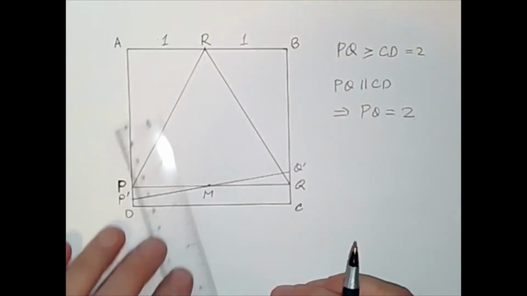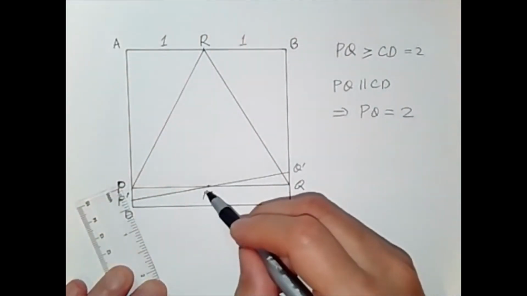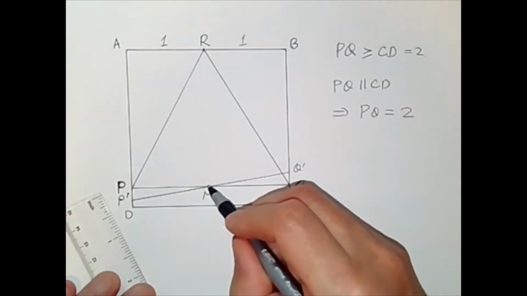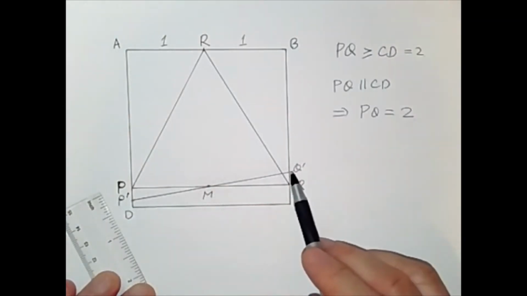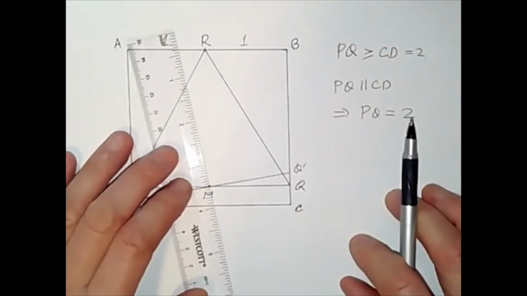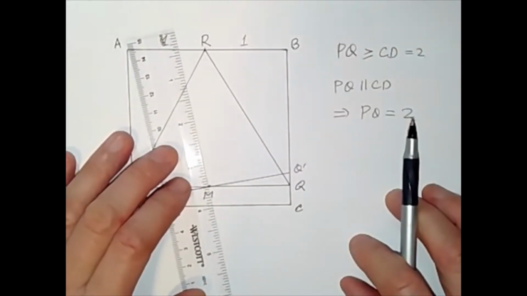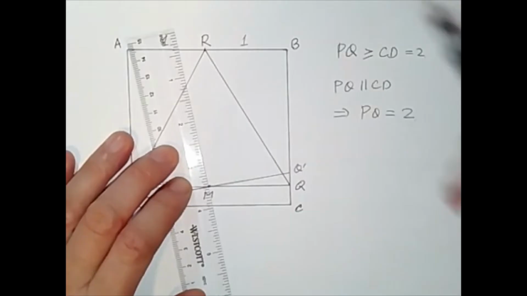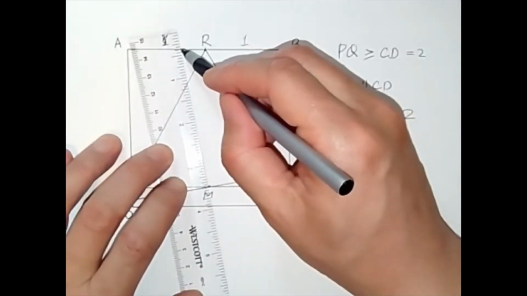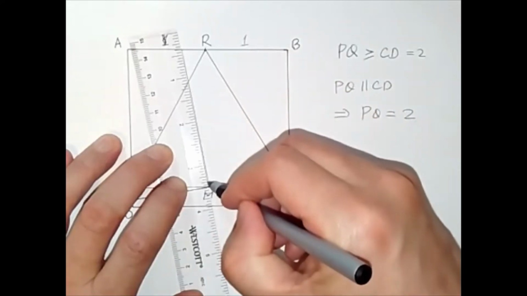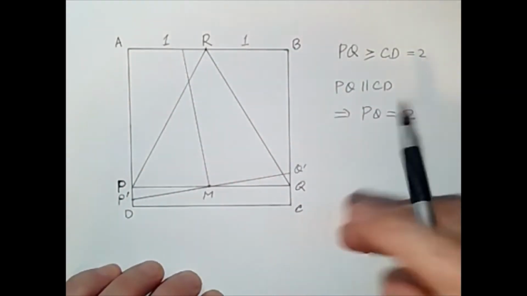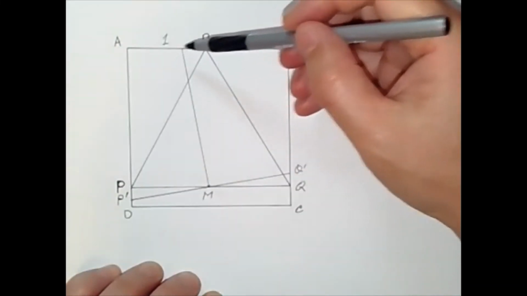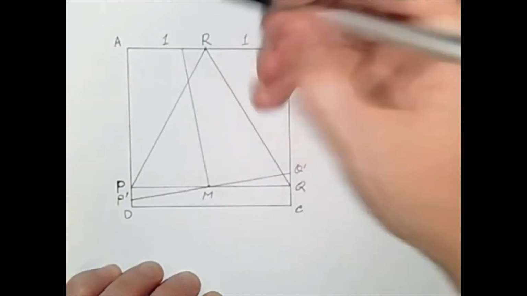And then from M, I introduce another line which is perpendicular to P prime Q prime. This line intersects with the top side of the square at R prime.